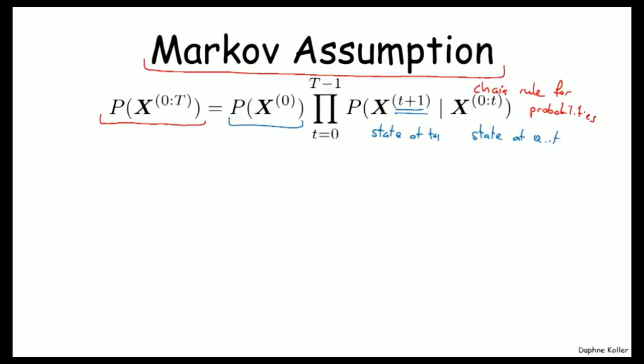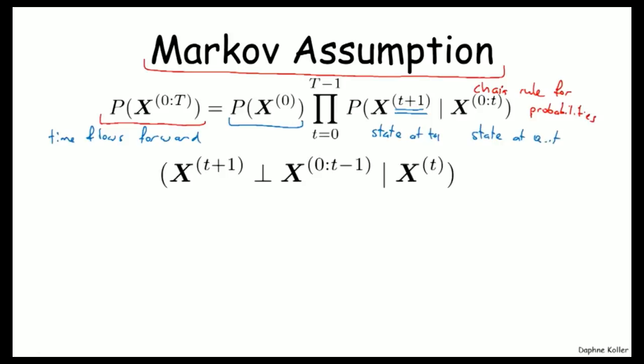So this is not in any way an assumption. This is just a way of re-expressing this probability distribution in the way that time flows forward. You can represent any probability distribution over these random variables in this way.